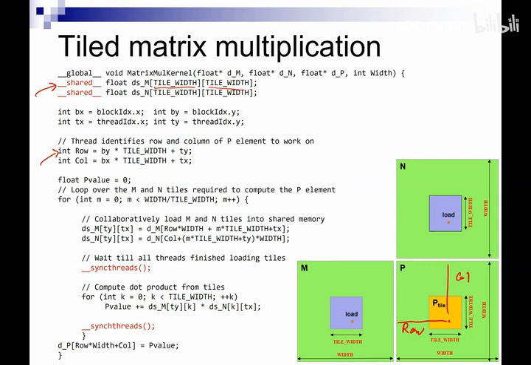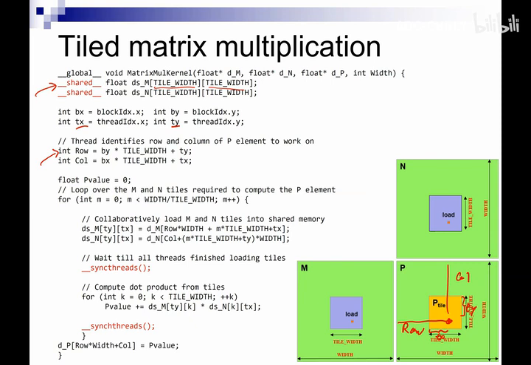Let me write this like that. This is tx over here, and this is ty over here. So this thread is located at tx and ty within this thread block.